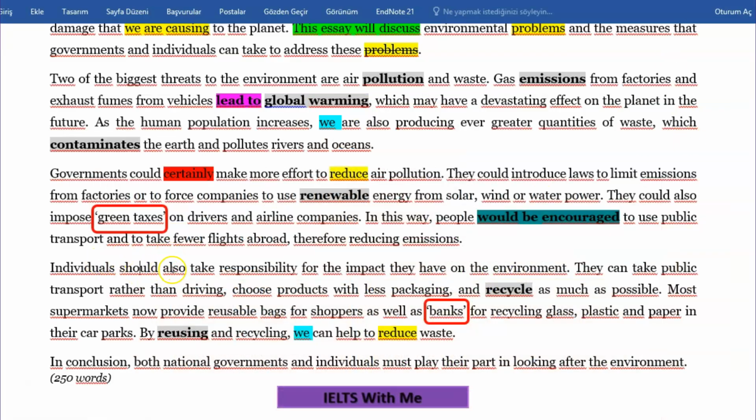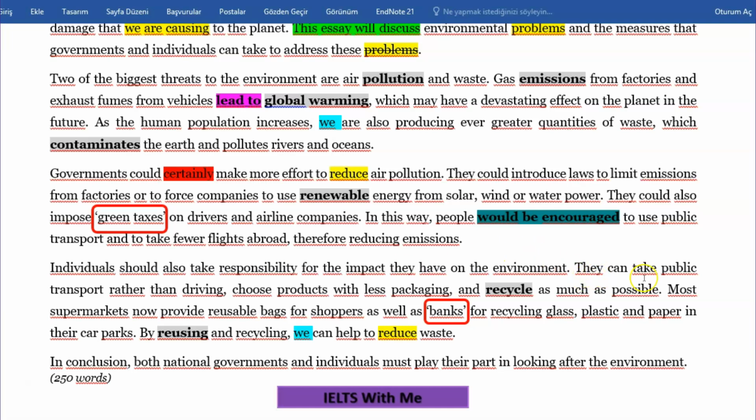Individuals should also, in terms of providing remedies, take responsibility for the impact they have, to lessen the environmental damage.